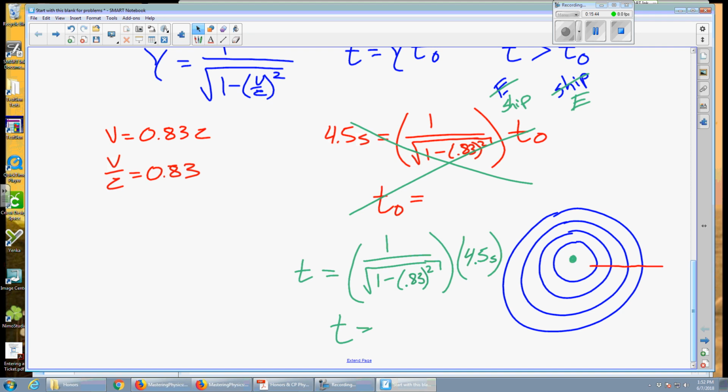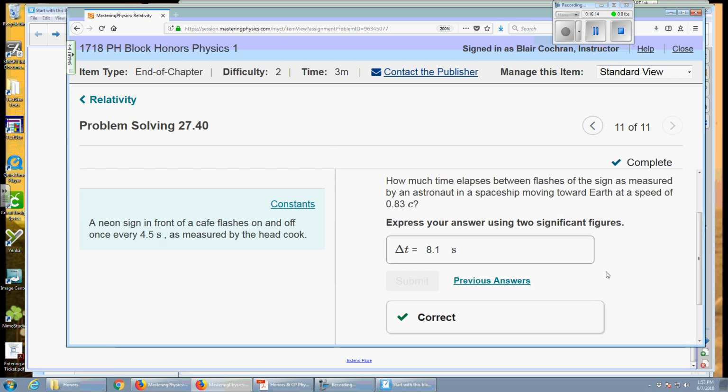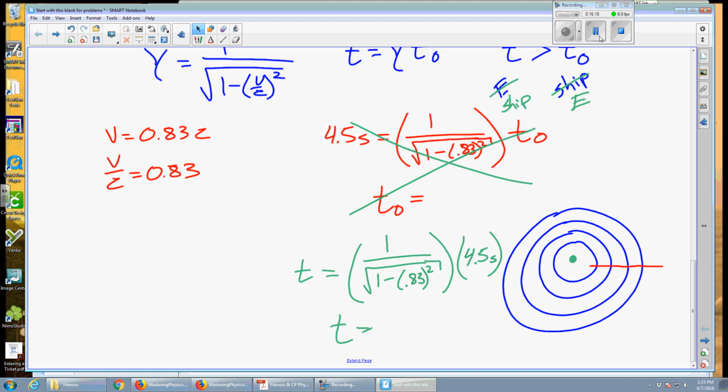And that should give me a longer time as measured from the spaceship. So let's see what that does. Yeah, I get 8.1. Yay! Keep doing that, and I'm getting the wrong answer.